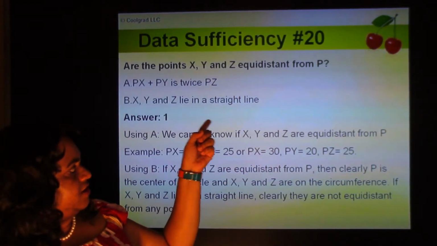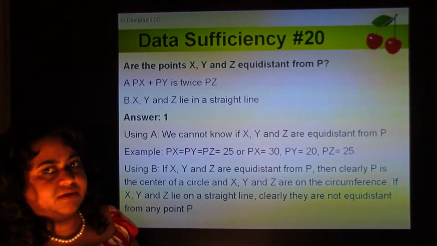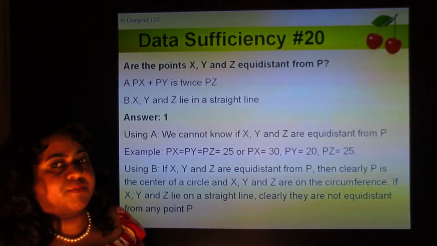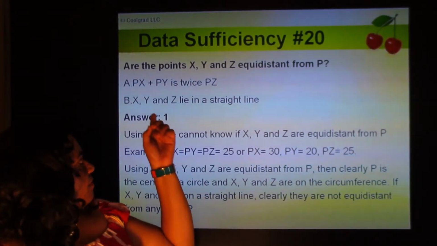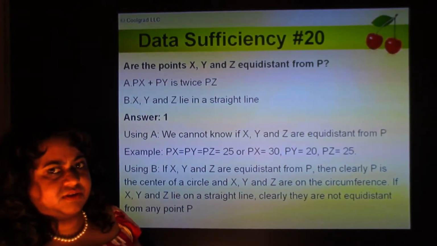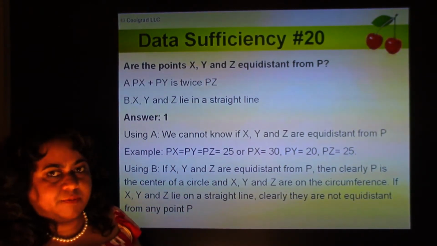Even if you have a point here and you had like a triangle over here, these two might be equidistant, but this one will not be. So if there are 3 points in a straight line, they cannot be equidistant from any point P. So statement B alone is sufficient to answer this question, but statement A alone is not sufficient. So we pick option 1.